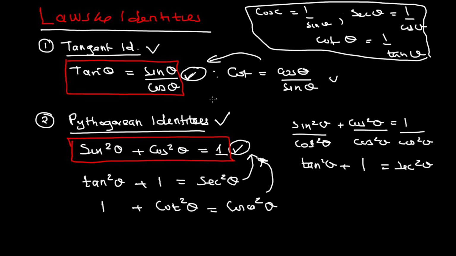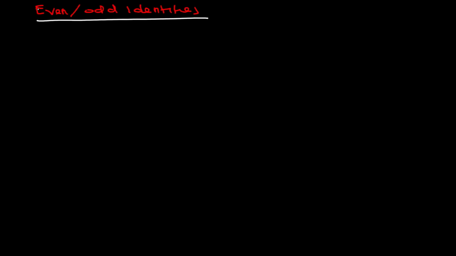Okay, so now let's proceed to the next section. We continue with identities. There's what we call even or odd identities. Let's say I have sine of negative theta. If I see an identity like that, what will it become on this side so that I can apply it to my algebra? Because I won't usually apply a negative angle.